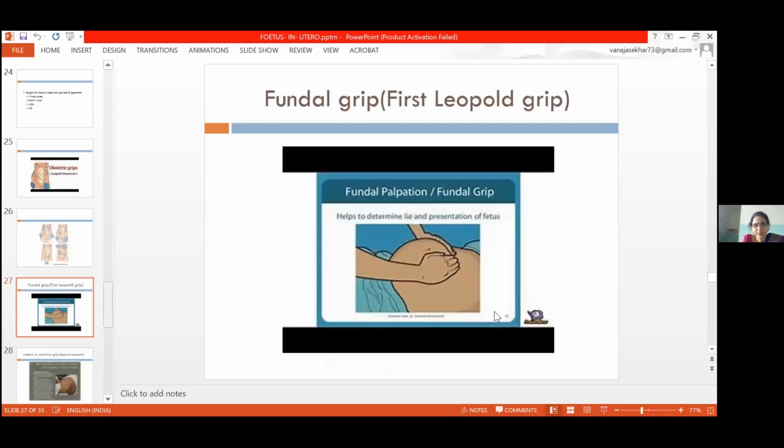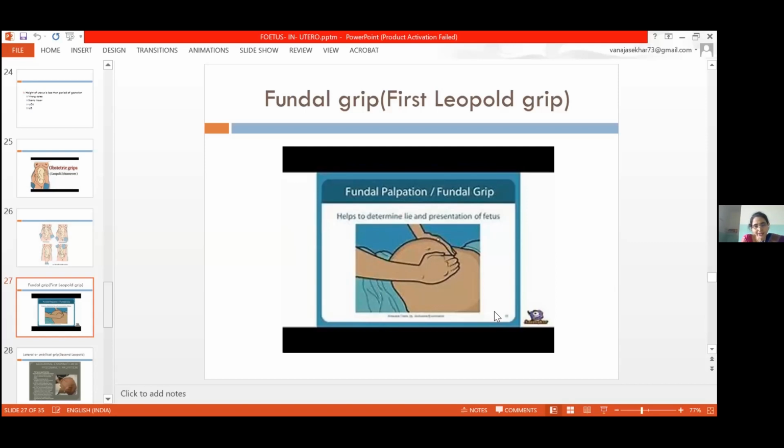So the first grip, or the first Leopold grip, you have to place your palms on the fundus flat. Then you have to see whether the upper pole is occupied by the cephalic or the podalic pole, that is breech presentation. So how will you differentiate between a breech and a head? The head is smaller, regular, hard, and ballotable. Ballotability is the most important finding in a cephalic presentation.